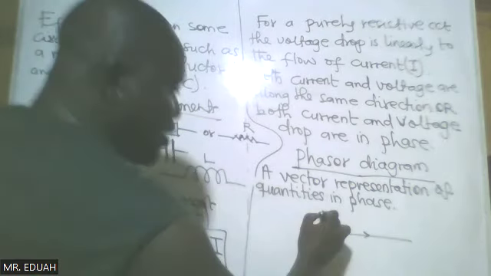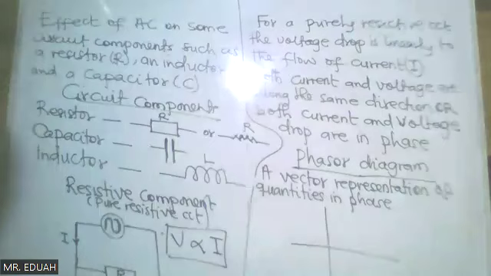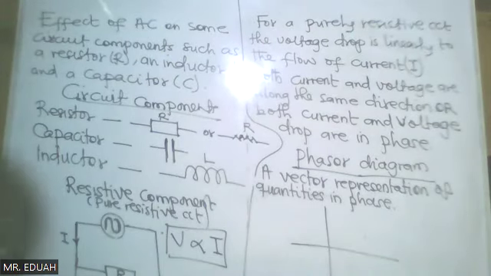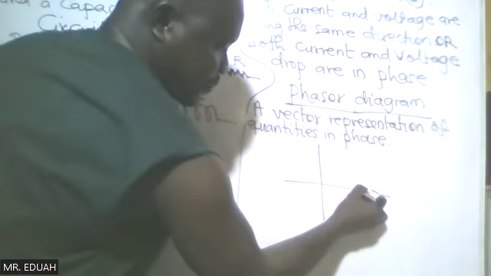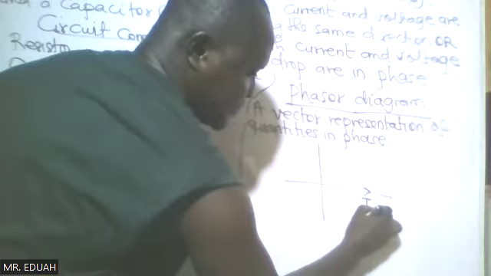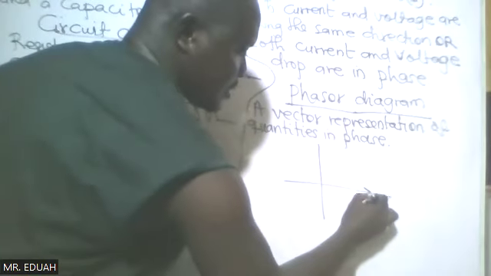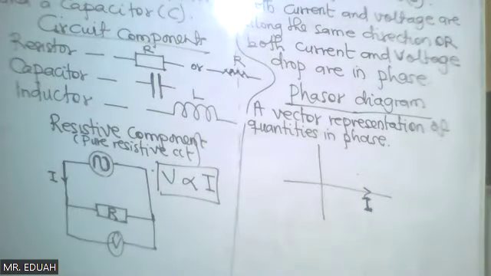Here we do the representation on the XY axis. The current is positive, so we place it along the positive X. They are at the same angle.